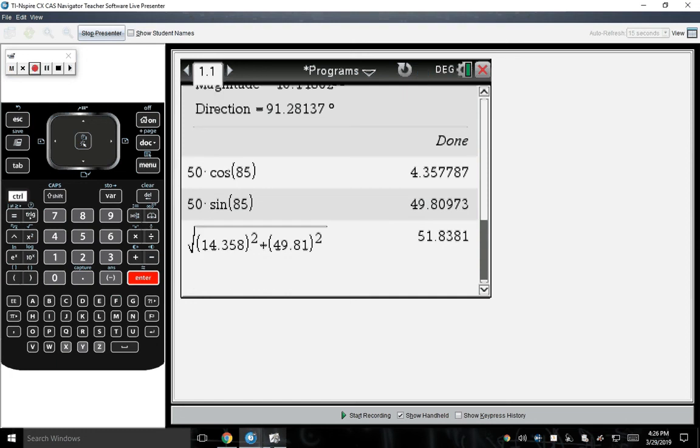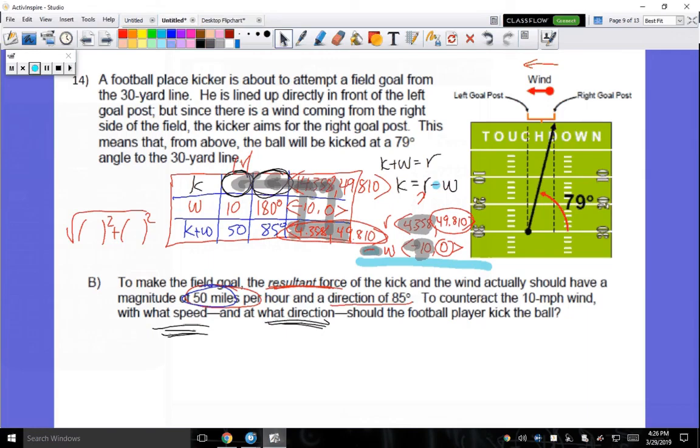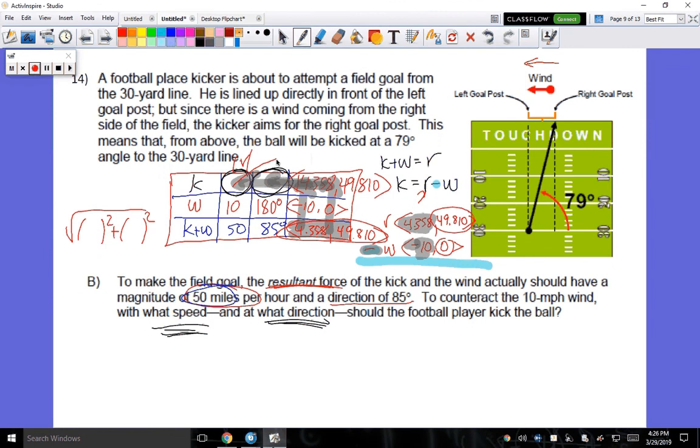And we get the answer of 51.838. So that goes right here, 51.838 miles per hour. Since miles per hour is in fact our units of measure.